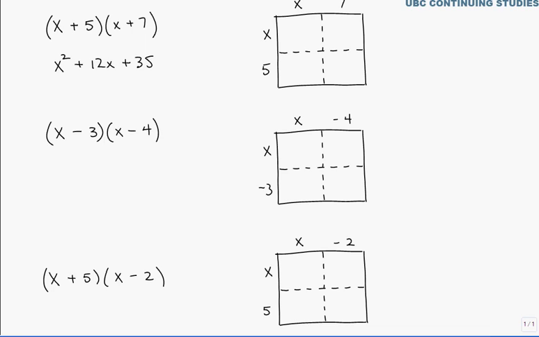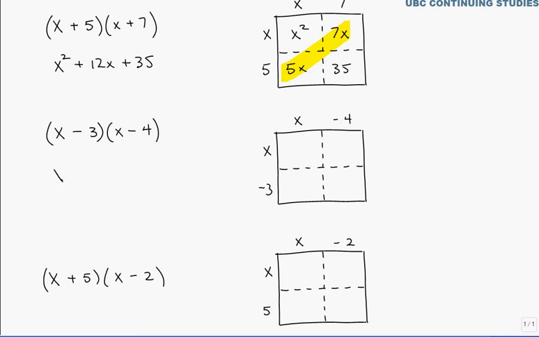Now if we go over to the right to the area model, top left-hand corner is x squared, top right-hand corner is x times 7, which is 7x, bottom left-hand corner is 5x, and bottom right-hand corner is 35. And sure enough, those four terms simplify to give me the three terms on the left, the trinomial on the left. The only simplification being the 5x and the 7x combined to give me 12x.